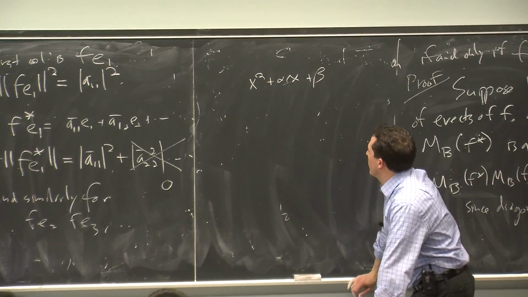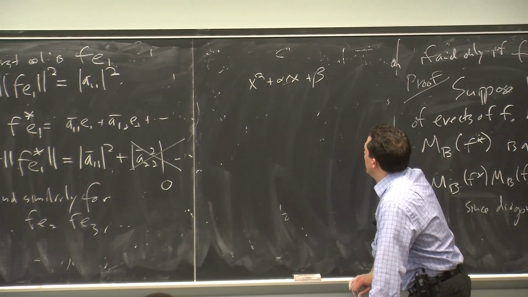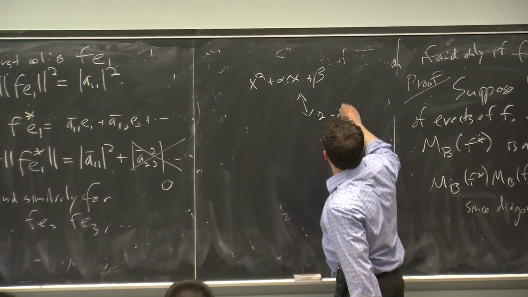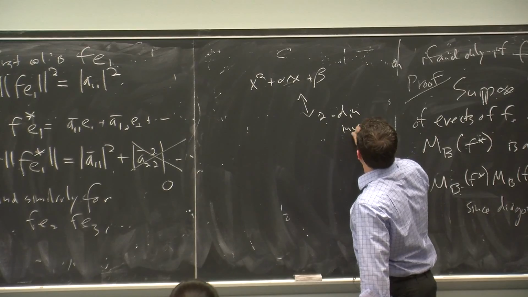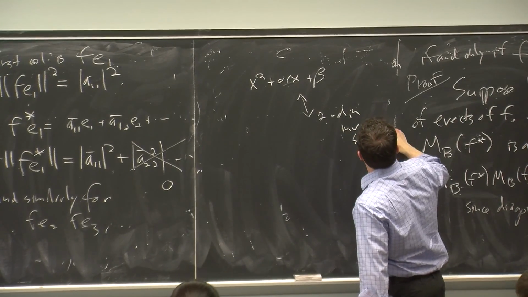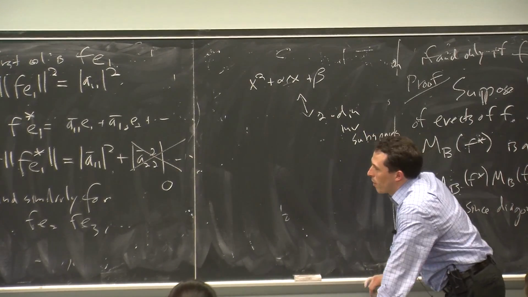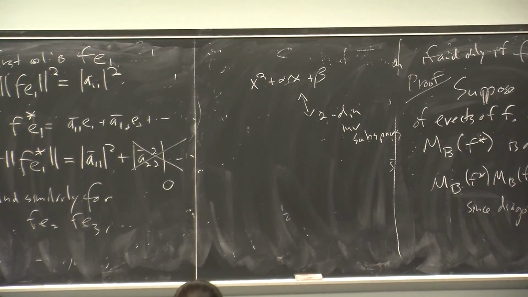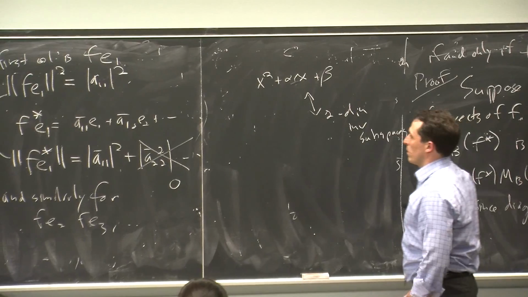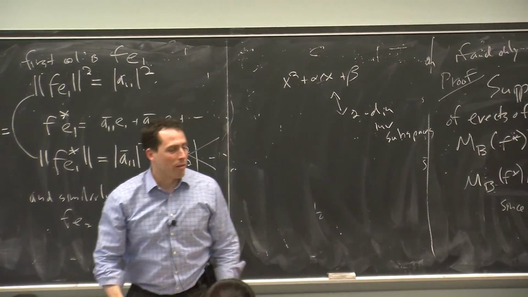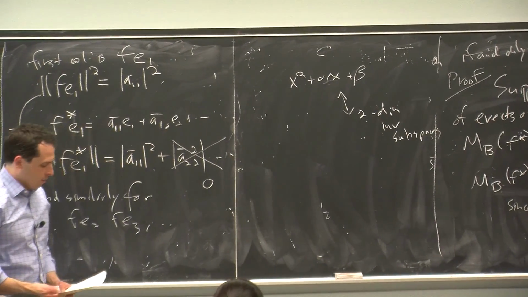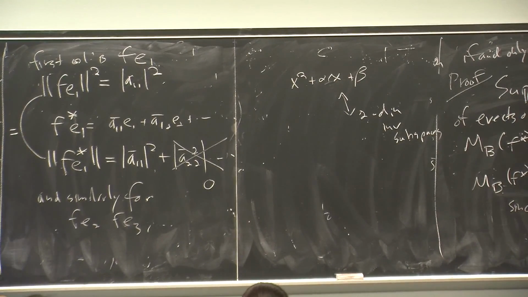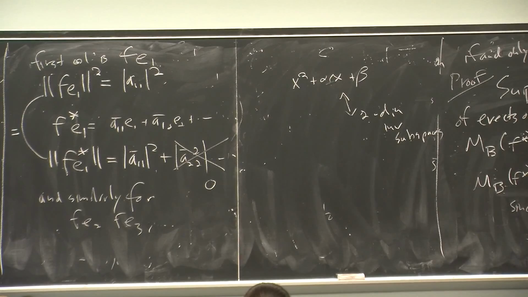When I have a quadratic equation which has no real roots, that in some sense corresponds to these two-dimensional invariant subspaces. And that caused problems with upper triangularizability and things like that. And so in order to deal with the real case, we just have to adjust our argument for the complex case to deal with these special situations for the reals. But we'll put that off till next time.